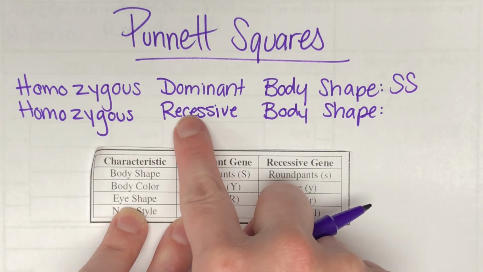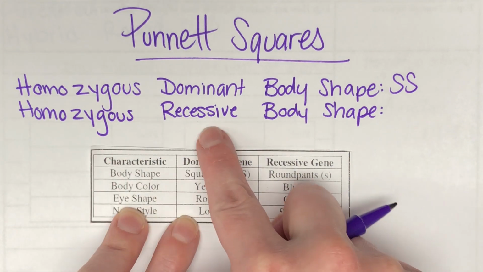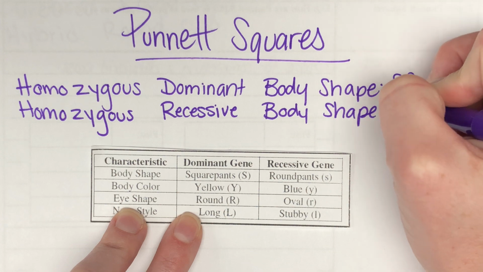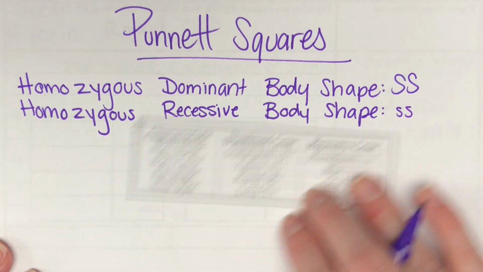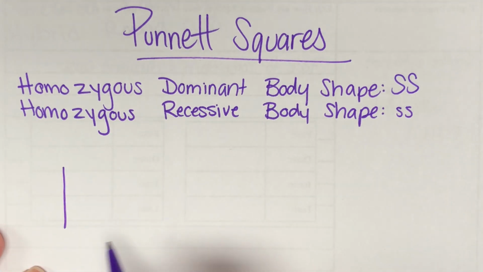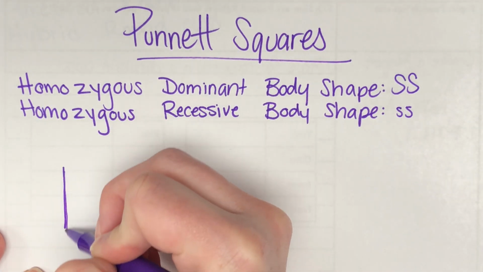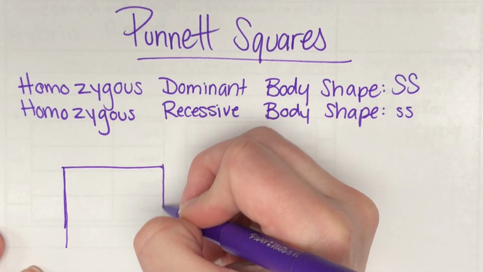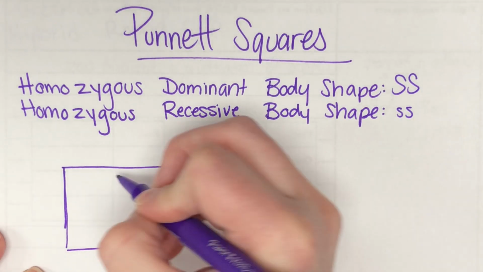Okay? Homozygous recessive, homo is same, recessive is going to be that small one. So this is little s, little s. Okay? So now let's complete our Punnett square. So I'm going to step 1, did that. Step 2, I'm going to draw my box.